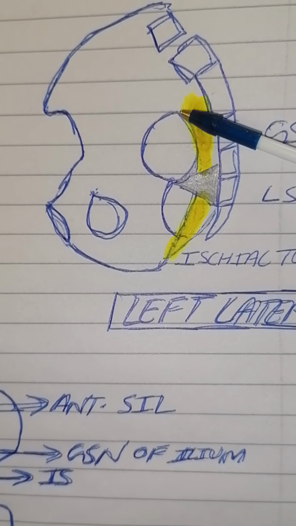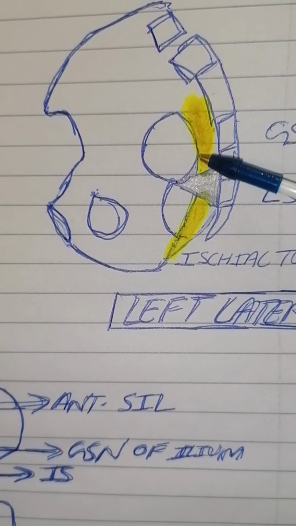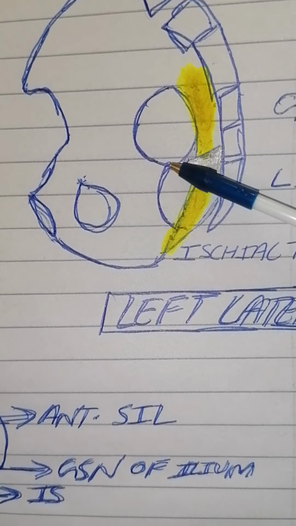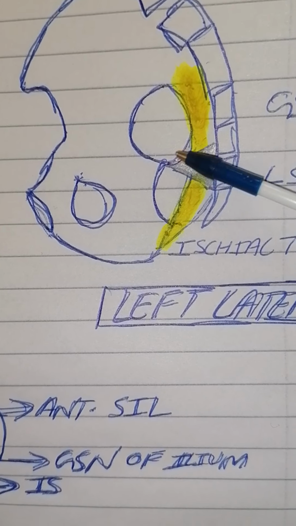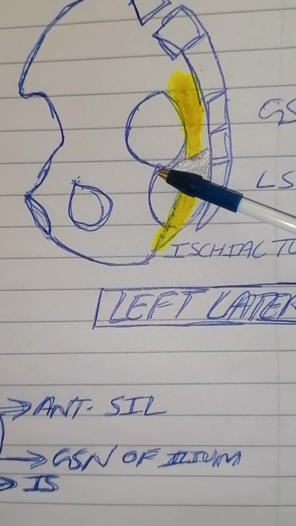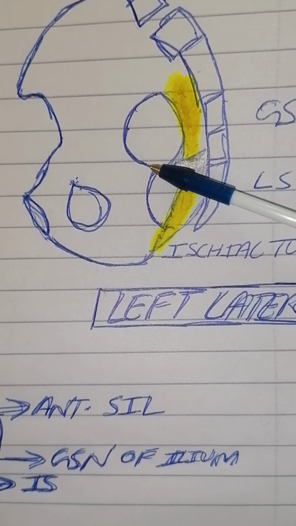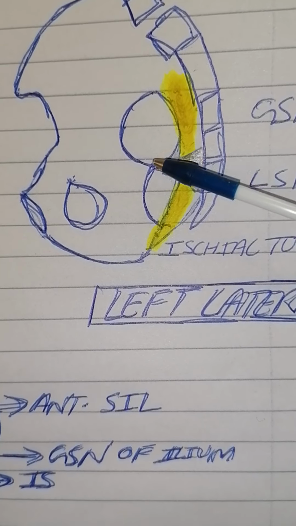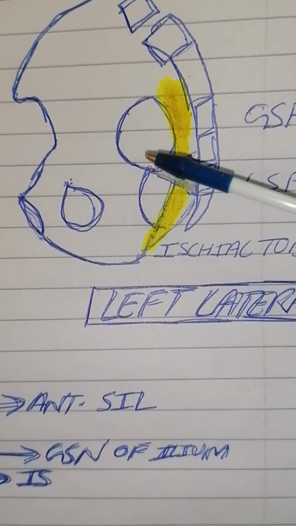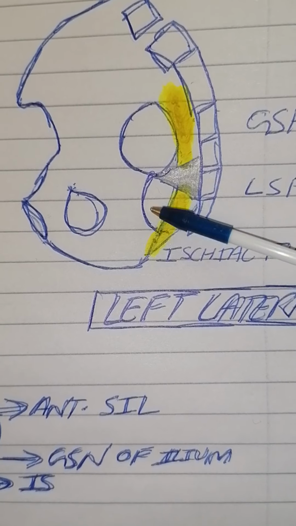This one is your STL. Yeah, sacrotuberous ligament over here going down, and over here we can see we have SSL, sacrospinous ligament. Yeah, going from your sacrum till your ischial spine over here. Yeah, so hence making two foramina, a greater one, a lesser one.